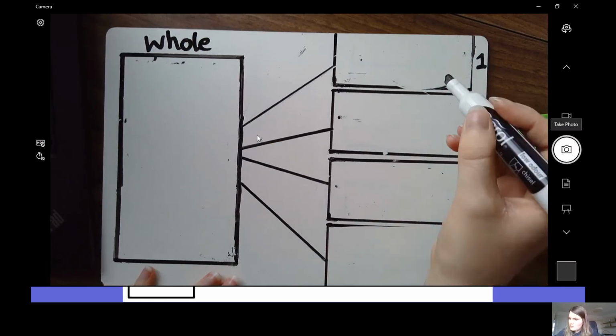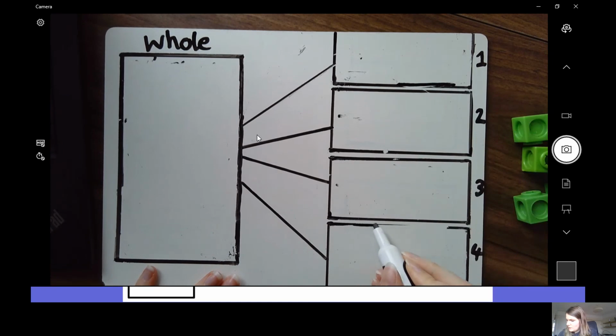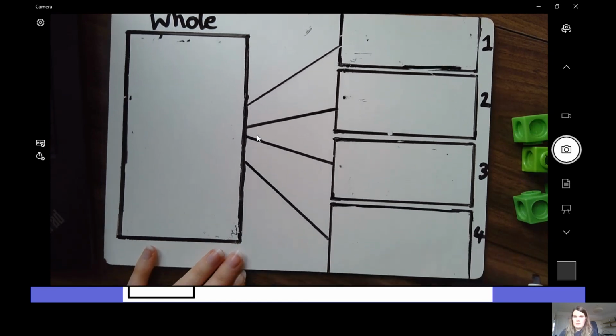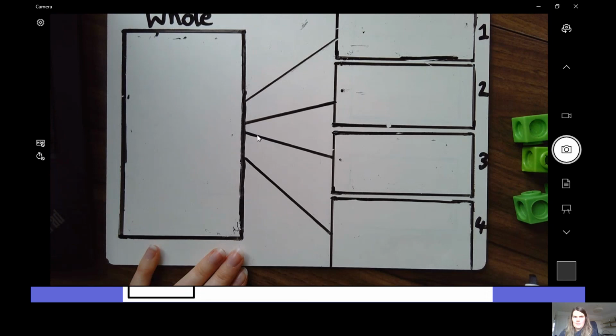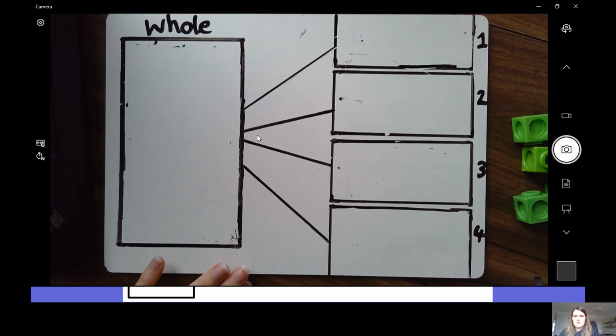Okay, so make sure you draw yours just the same. Okay, here's my part whole model. If you need to, put me on pause to draw yours, ready to go. We all ready? Wonderful, you got your part whole model ready? Fantastic.